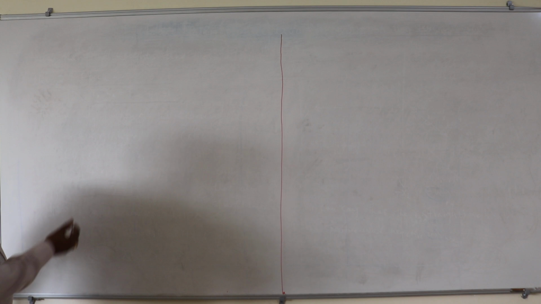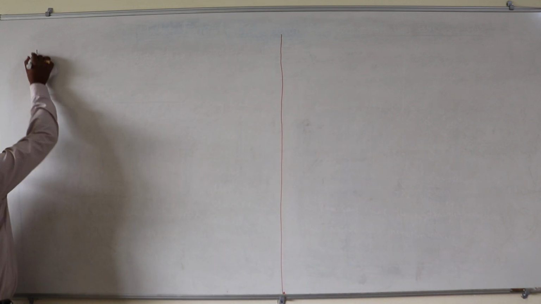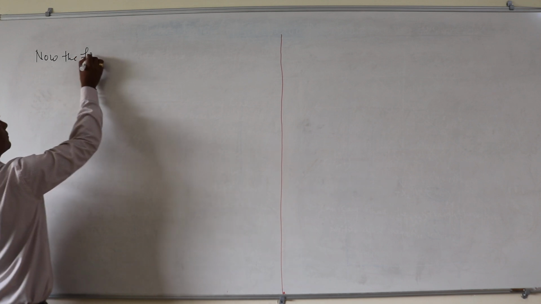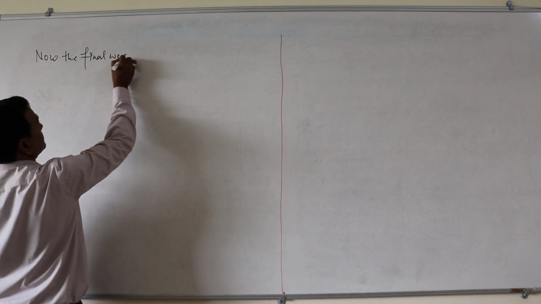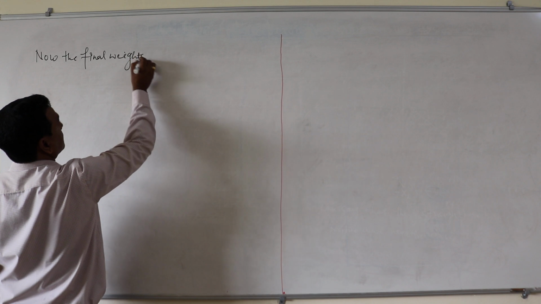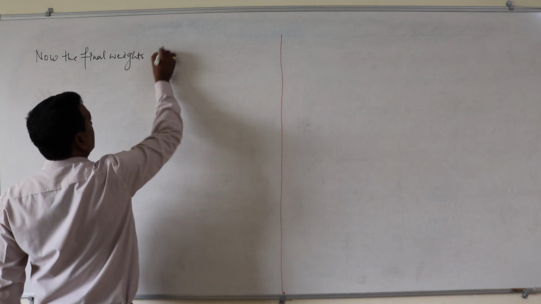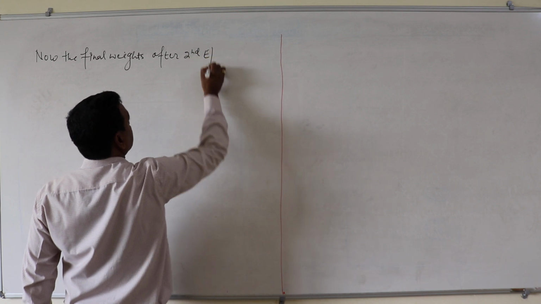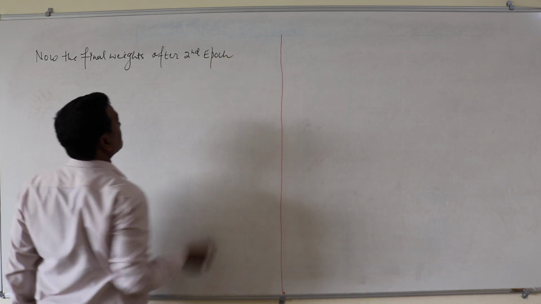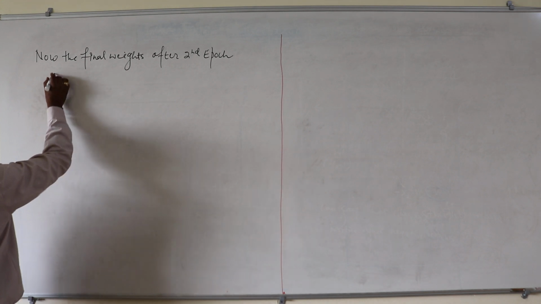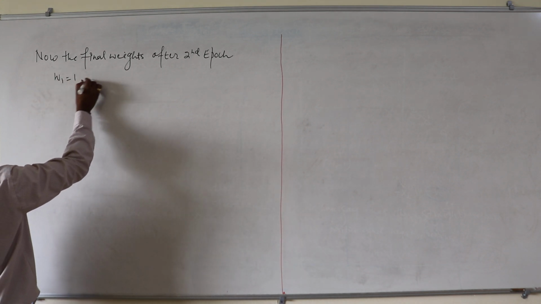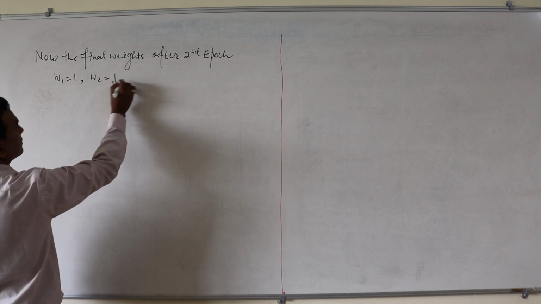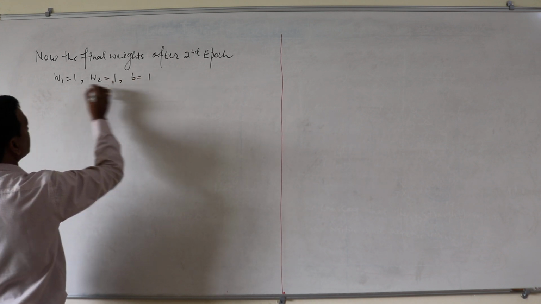Now the final weights after the second epoch: W1 is 1, W2 is 1 and B is 1.